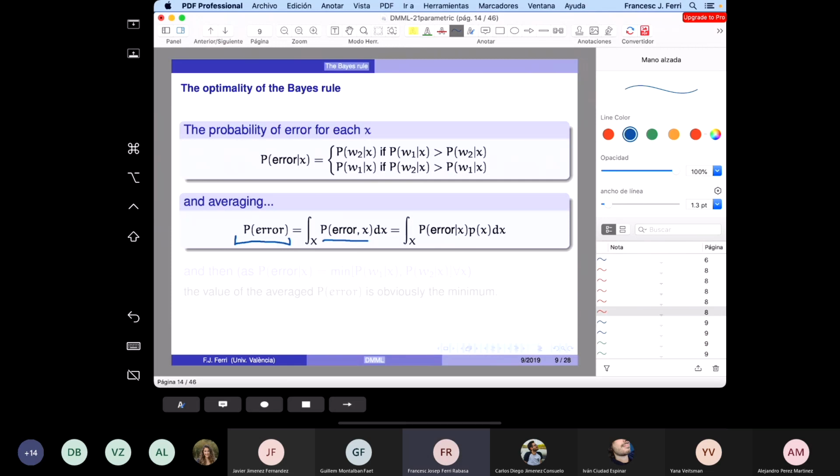But this probability of error is the posterior. Exactly the posterior. But remember that the posterior is the weighted conditional divided by p(x).